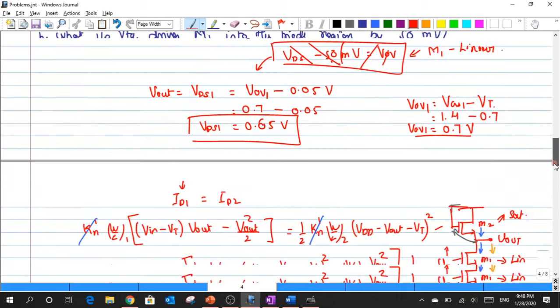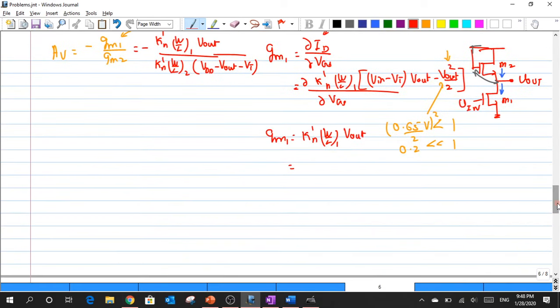Whereas here, you can see that for the expressions for GM1 and GM2, I have made use of this Kn dash W by L, and specifically for the bottom, I've used this VOV term. How is this possible? One thing we have to note is that there is a term that connects the Kn dash definition at the top and the bottom. And what is that term? It's basically the V out. So there is a term that connects both these expressions, and due to which I can use it here. That's the reason why we have made use of this.